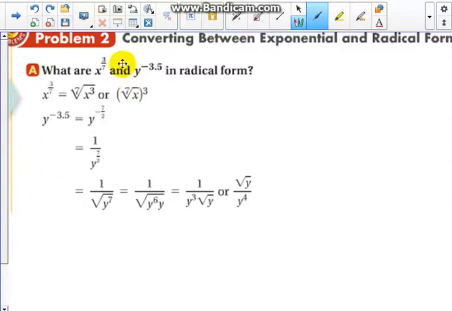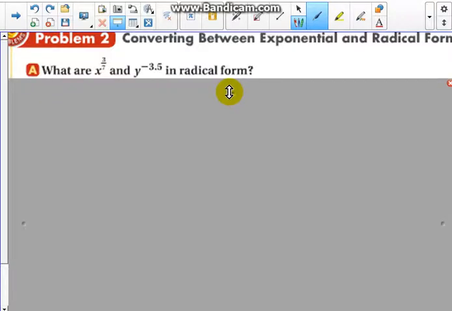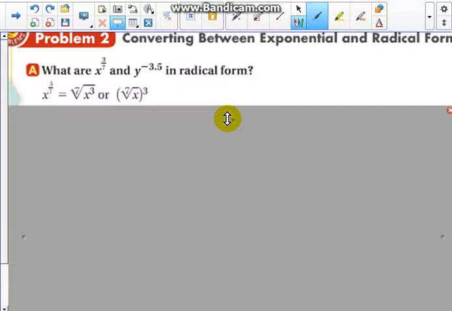Okay, problem 2, we're going to come in and say converting between exponential and radical forms. So what are x to the 3/7 and y to the negative 3/5 in radical form? So x to the 3/7 becomes, like we did at the beginning, the 7th root of x cubed.